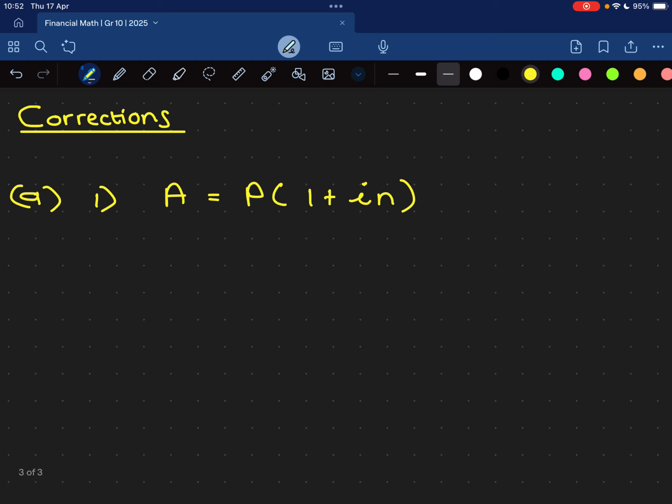Now, when you reread the question, start to pick up on the different values that you have. It says that he invests an amount of 20,000 in the bank. So clearly that must be his principal amount of 20,000.